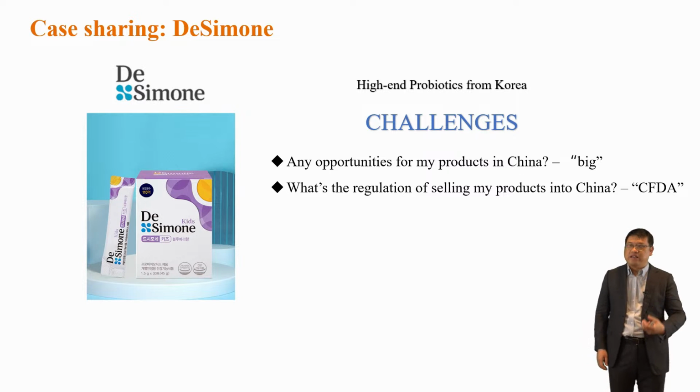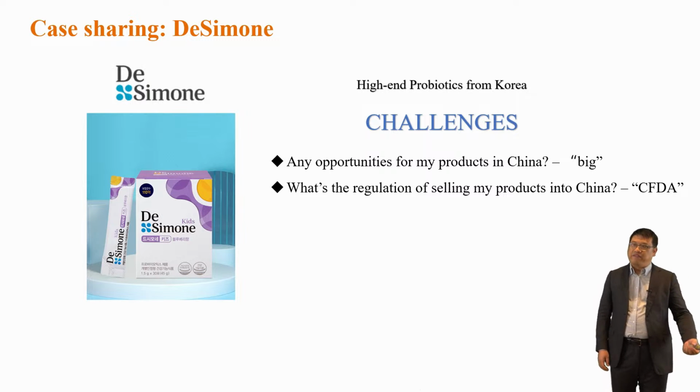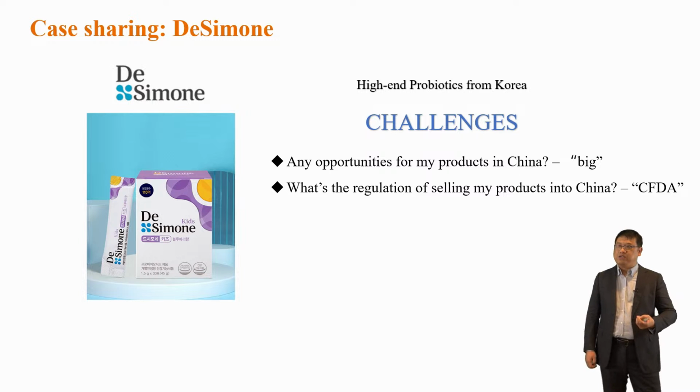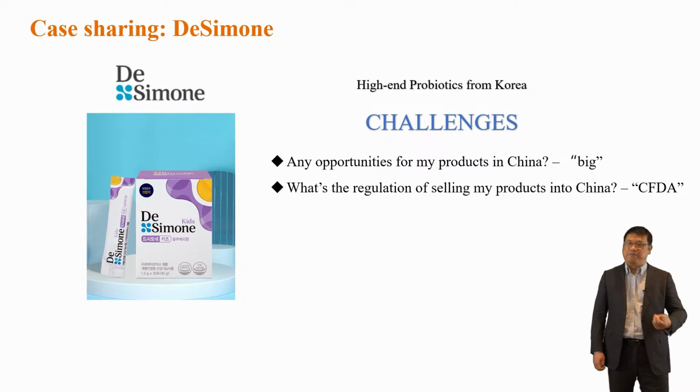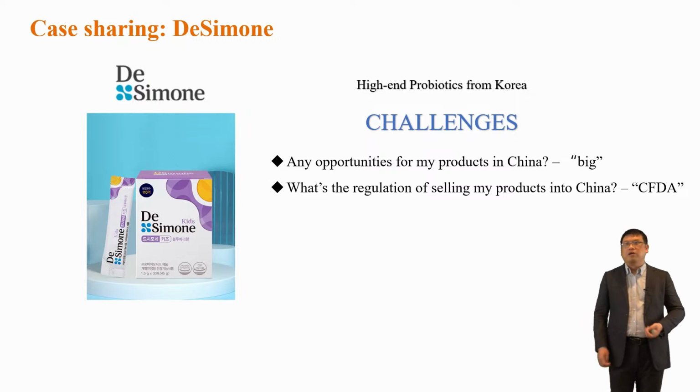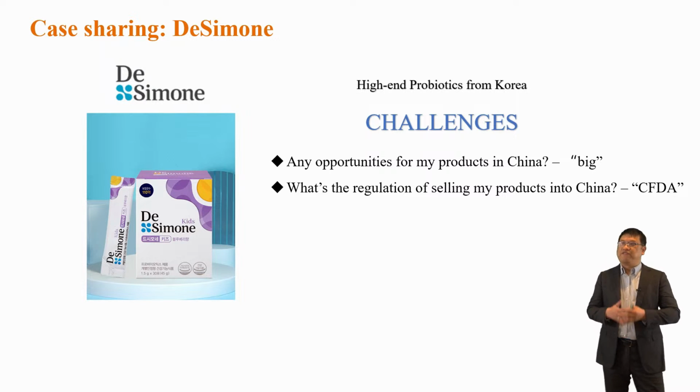If you come to China the traditional trading way, you have to get CFDA certification, and when you get that certification, you can enter the normal China market. But CFDA certification takes maybe half a year to one year, even two years before you can start your business. It's a long process with a lot of documentation to submit, and you also have to disclose some of your proprietary information so the government can permit your products. So a lot of products give up at the first step because of regulation problems.